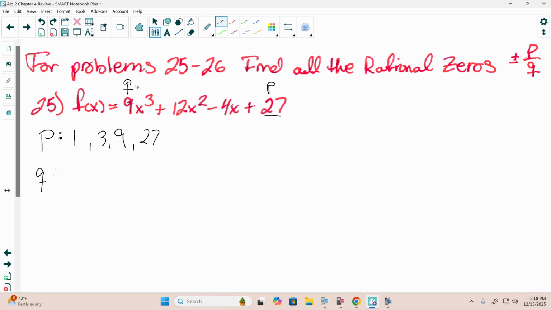Now q is the factors of the leading coefficient, the number in front of the variable with the biggest exponent. And that number is 9. Now our factors of 9, we have 1 and 9 or 3 and 3. Now even though 3 shows up as a factor twice, we're only going to list it once.